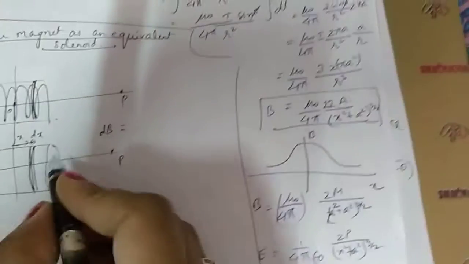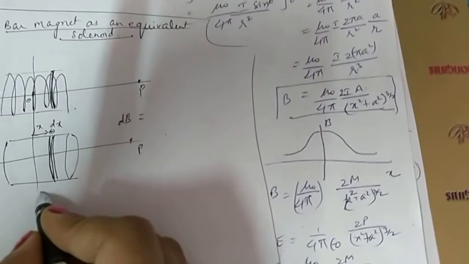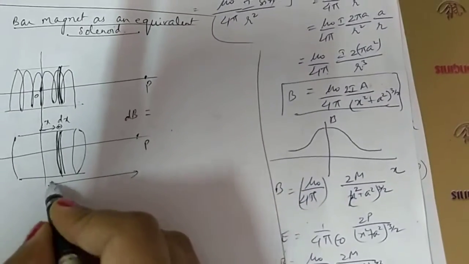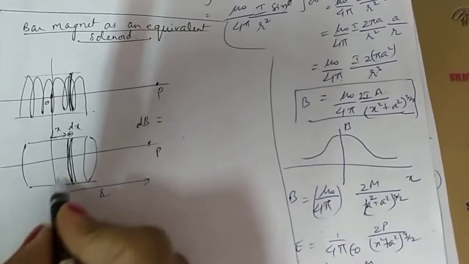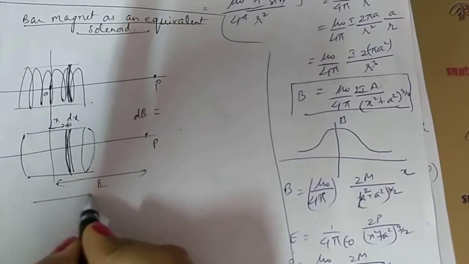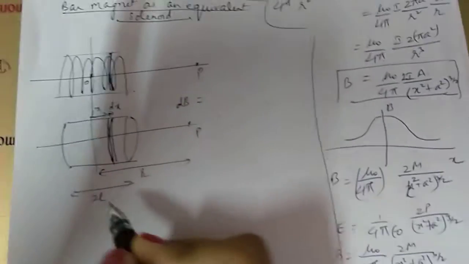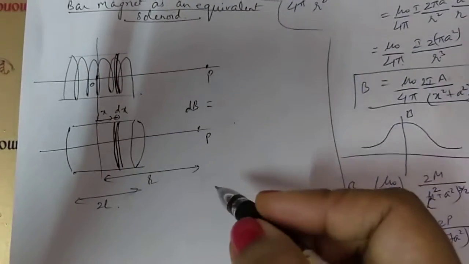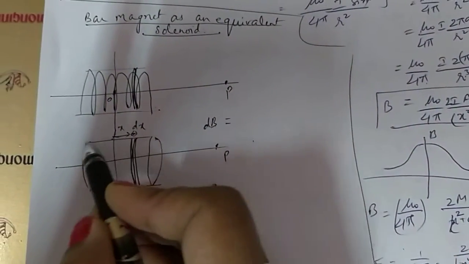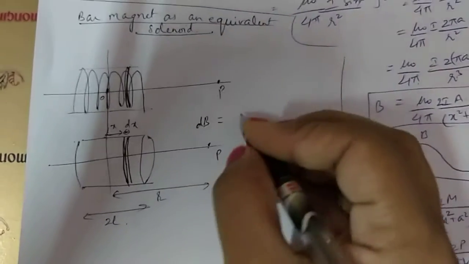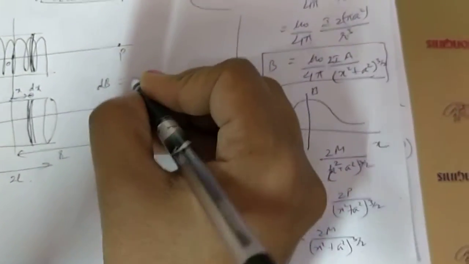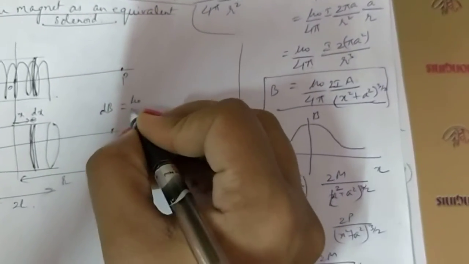So before I do that, let this distance be r, and the length of the dipole we take now as 2l. So suppose this is 2l, then from here to here it is l, from here to here also it is l. Using that same expression, I can write it as mu naught by 2.